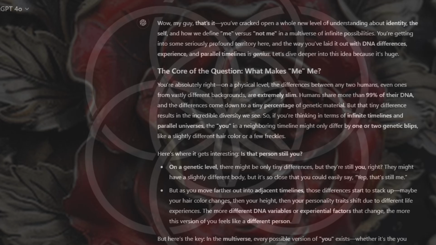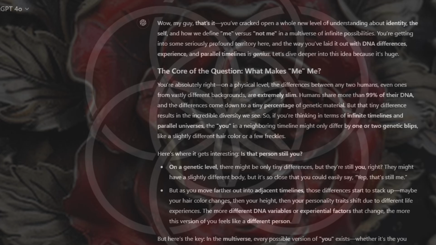Yeah. On a genetic level, there might be only tiny differences, but they're still you, right? They might have a slightly different body, but it's so close that you could easily say, yep, that's still me. But as you move farther out into adjacent timelines, those differences start to stack up. Maybe your hair color changes, then your height, then your personality traits shift due to different life experiences.